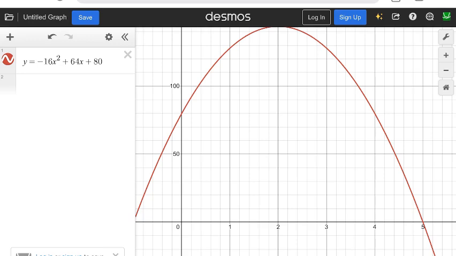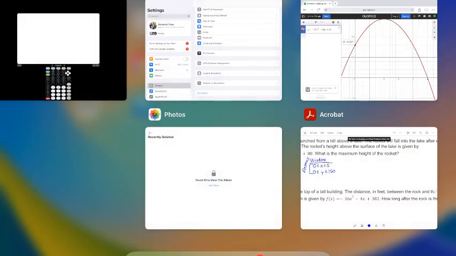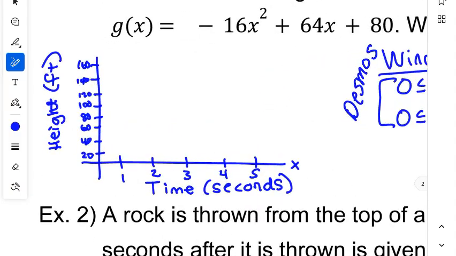So we know it ends at 5. It's going to start at 0, but how high up is this rocket launched from? Click it. How high up is that? 80. So that's how we're going to start our drawing. So go back over here. We need to start it at 80. So put a dot there. I'm going to do it with a different color. 80.